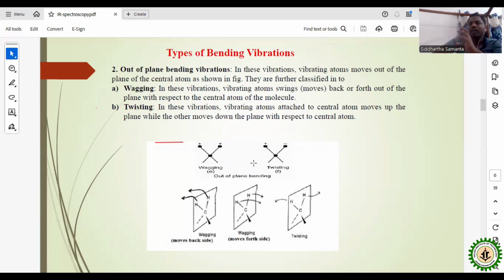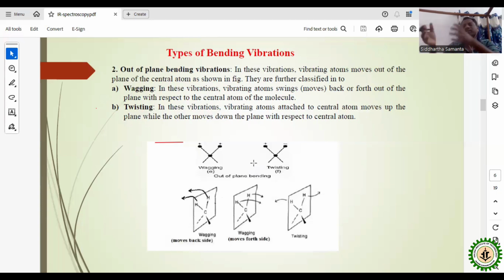So when a molecule absorbs some IR radiation, that is electromagnetic radiation, in the region of 667 to 4000 centimeter inverse, molecular vibration takes place, molecular stretching takes place, molecular bending takes place.